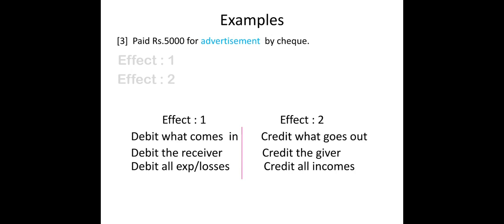So can you just tell me effect number 1? We have three choices: debit what comes in, debit the receiver, and debit all expenses. Which one to apply? Yes, debit all expenses and losses. I think that is applicable because there is an advertisement word in the sentence, so that is our expense. Advertisement is an expense just like salary and rent.